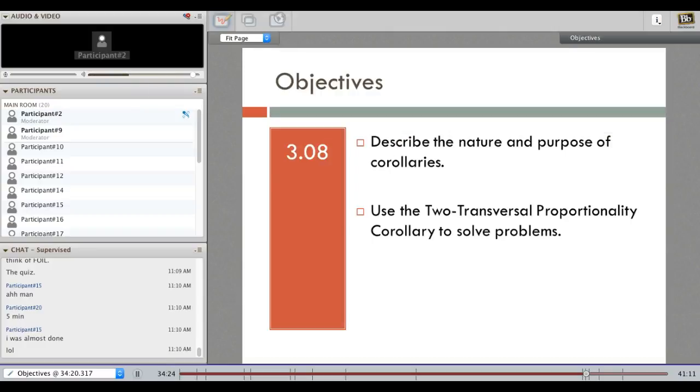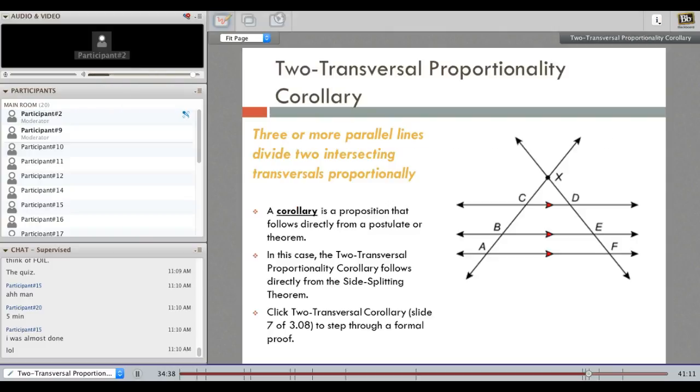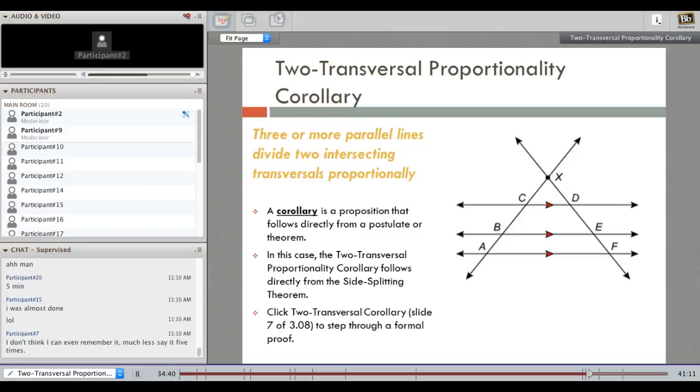So what you'll find when you go through 3.08, which I think is Monday, right? Is it today? I think this is actually Monday, so you still have some time to go through this slide. It's just 3.07 for today. It's actually going to flow from what we just talked about in 3.07. Okay? Exactly, Will. And that's the good part.